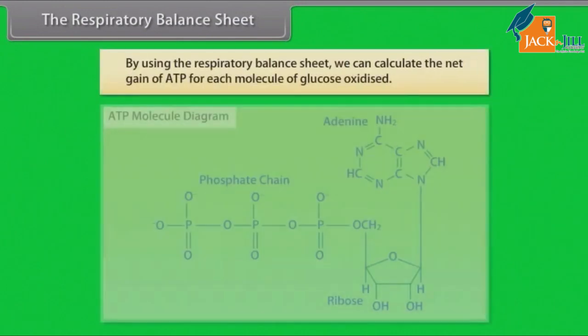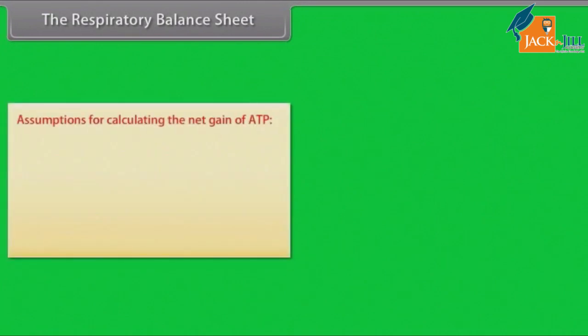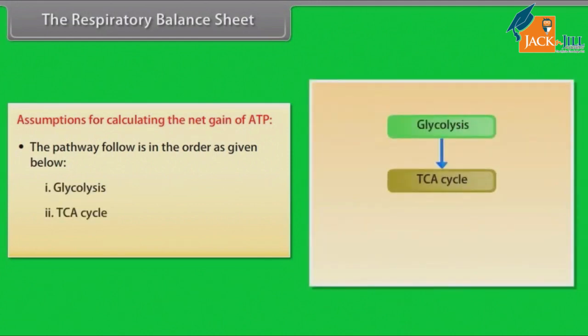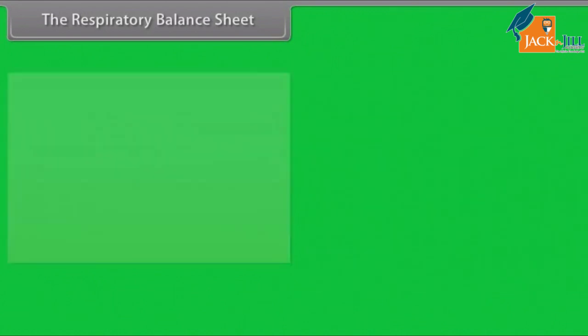The respiratory balance sheet. By using the respiratory balance sheet, we can calculate the net gain of ATP for each molecule of glucose oxidized. Assumptions for calculating the net gain of ATP: The pathway followed is in the order glycolysis, TCA cycle, and electron transport system.